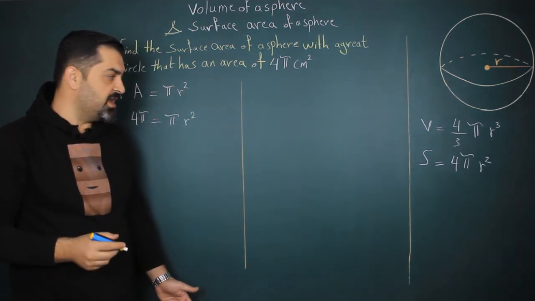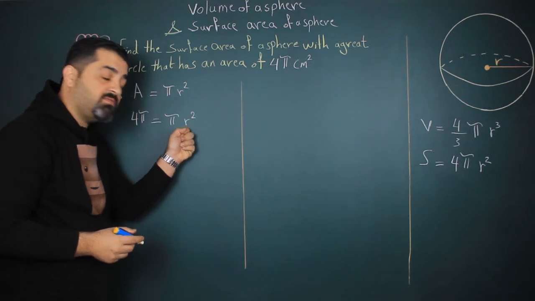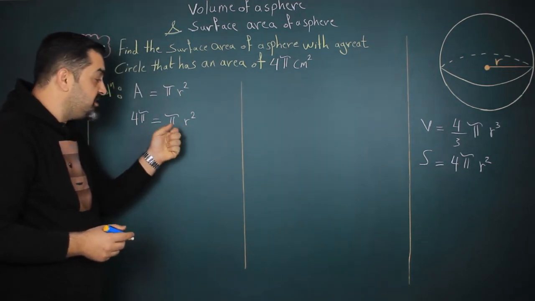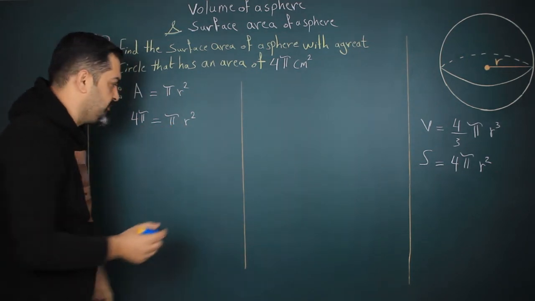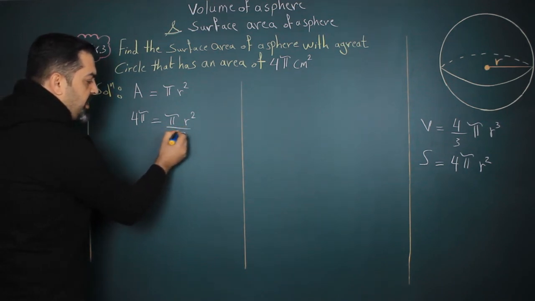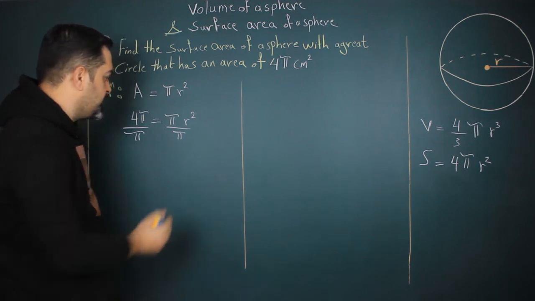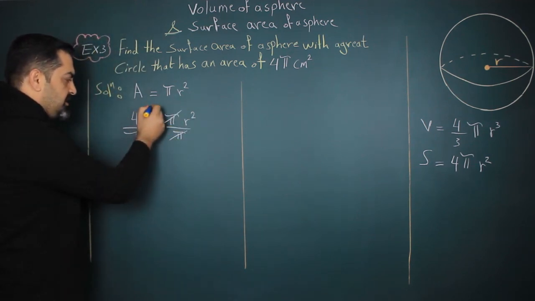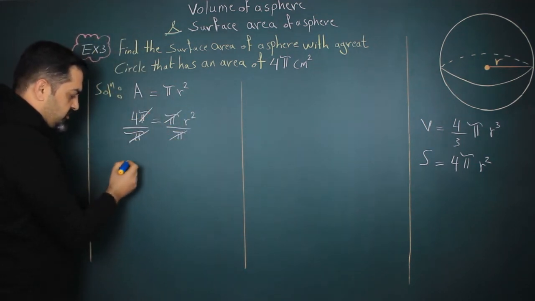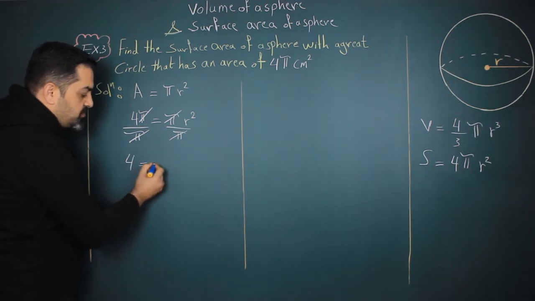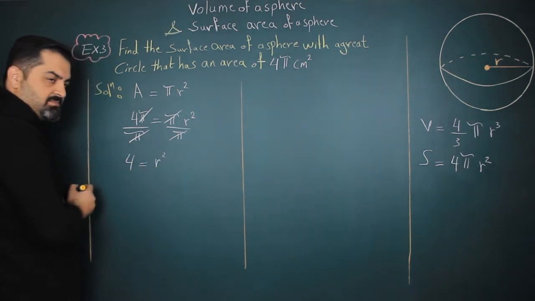All we need to do now is find the value of r. So divide both sides by pi. This will be cancelled. This will be cancelled. So 4 is equal to r squared.